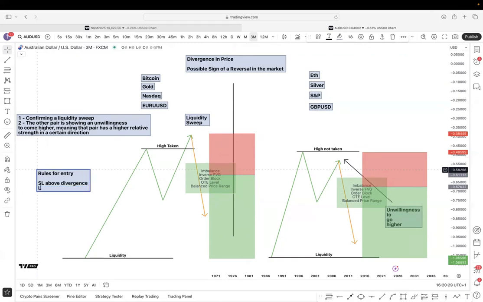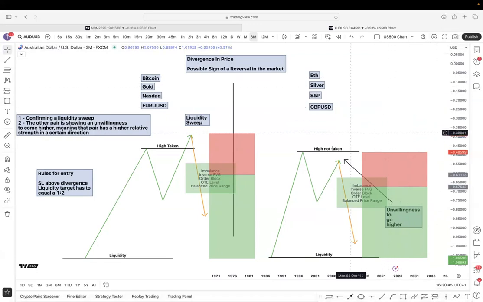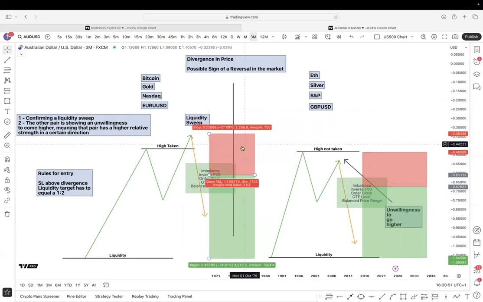Your liquidity target has to equal a 1 to 2, because if it's anything under a 1 to 2, price action is not going to be as high in probability. Okay, so these are the things that you're going to be looking for in price.